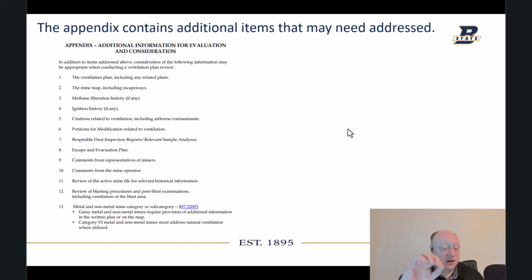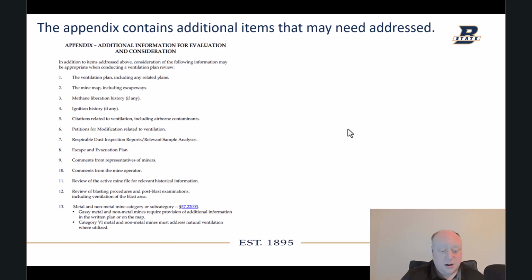So that is one of the mechanisms for getting approval for non-standard or meeting other criteria or requirements or something like that. That's a petition for modification. There are some other ways as well, but that's something more for the health and safety law class. This is sort of gearing us up for ventilation.